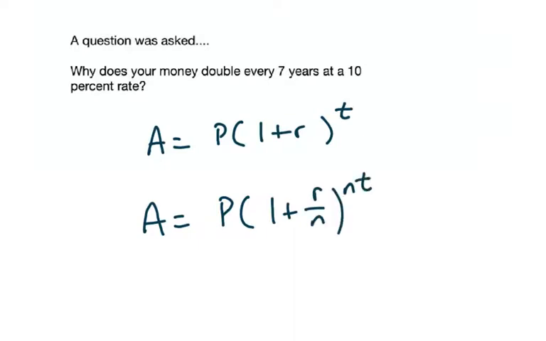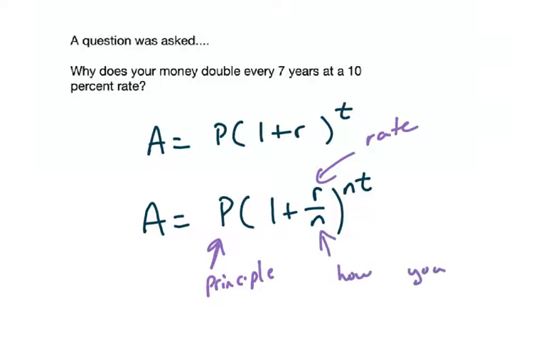Okay, and so just to rehash this a little bit, P stands for the principal, and the principal is what you initially start off with. R is the rate. N is how you cut up the rate. And T is the time.